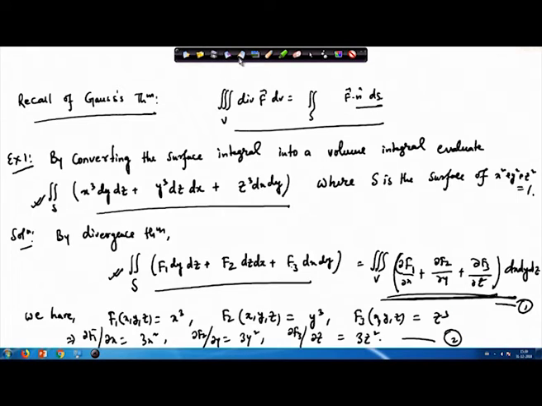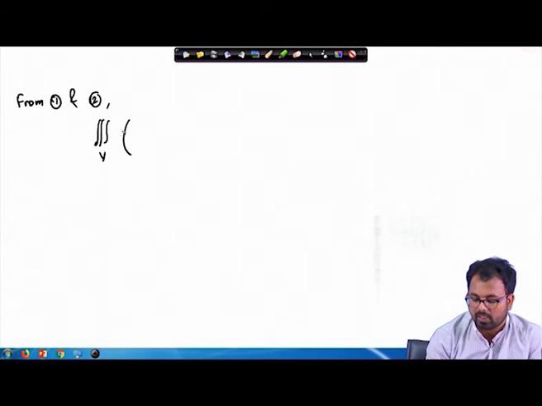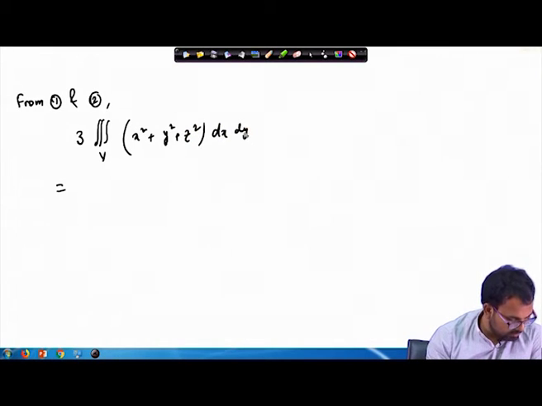So, from 1 and 2 we have volume integral over V del f 1 by del x square. So, basically 3 x square plus y square plus z square dx dy dz.